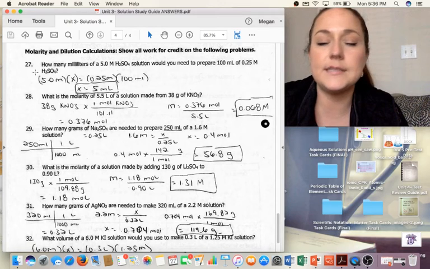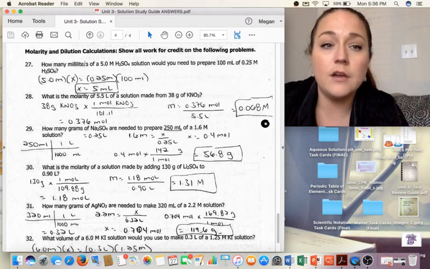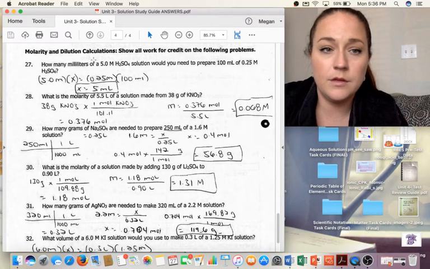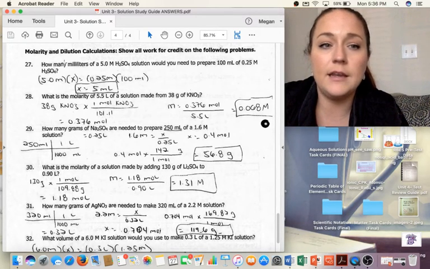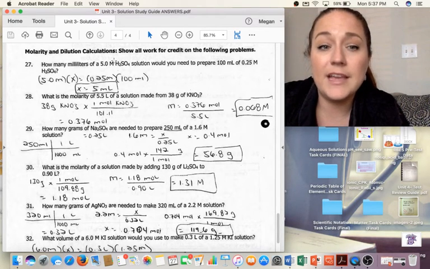So 27, this is going to be an M1V1 equals M2V2 equation. They tell you that you are trying to find how many milliliters of a 5.0 molarity of H2SO4 solution.